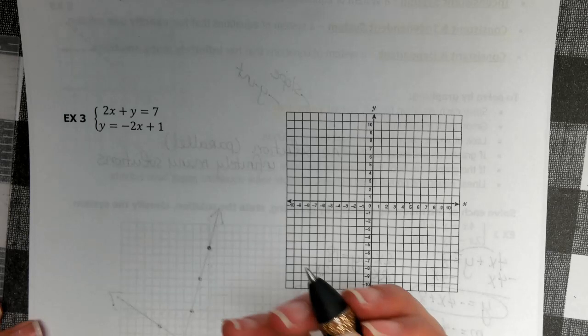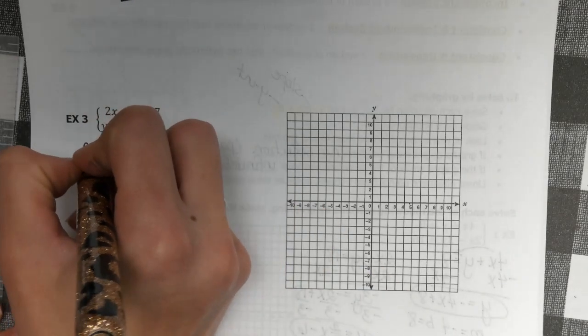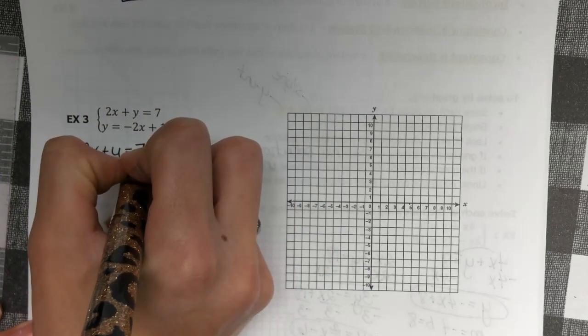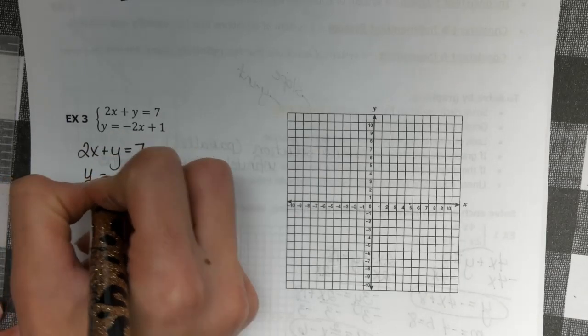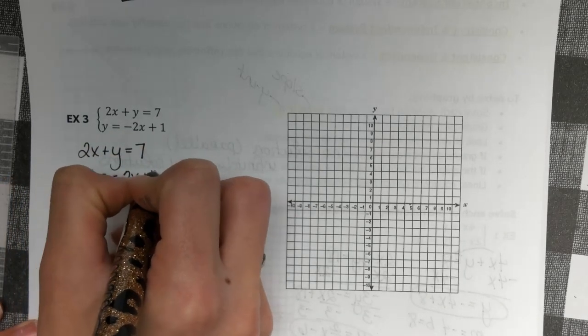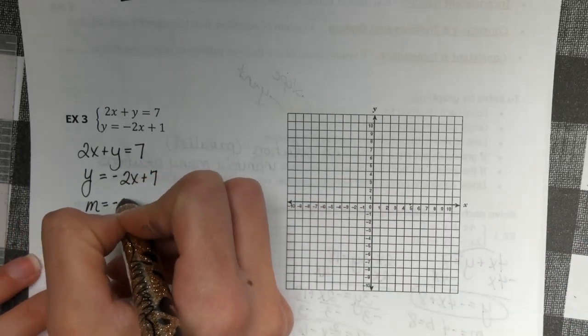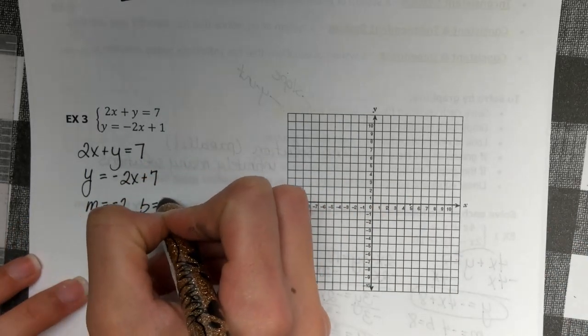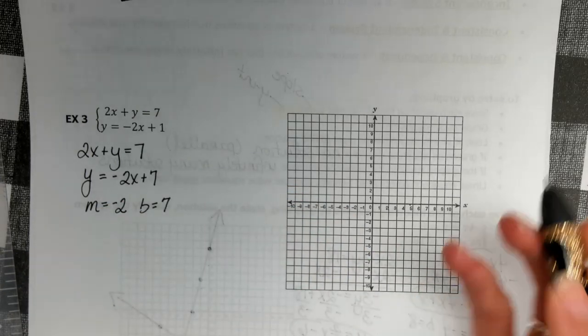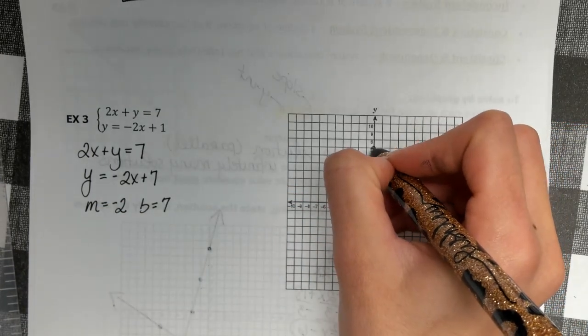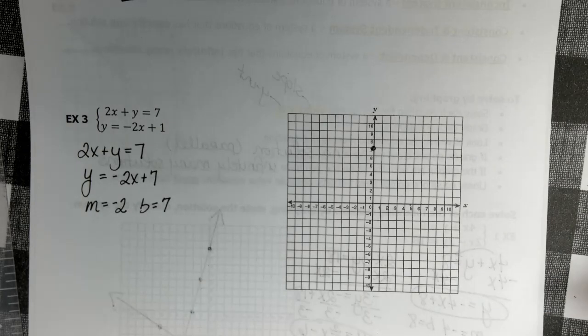2x plus y equals 7. I need to solve, so I'm going to subtract 2x, and y is equal to negative 2x plus 7. My slope is -2. My y-intercept is 7. So plot 7.